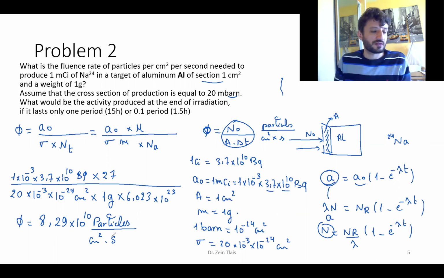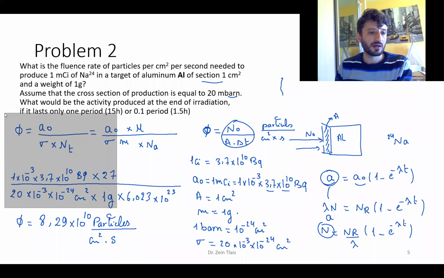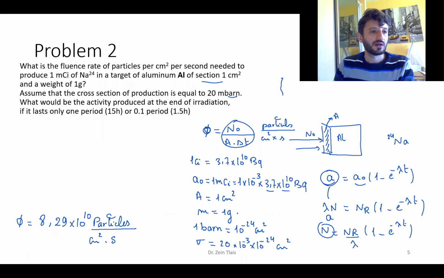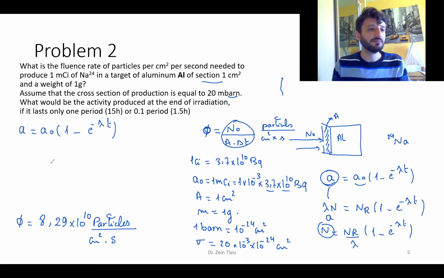Okay, this is the value of the flux. The second point: I want to calculate what would be the activity produced at the end of irradiation. I said before, the activity produced at the end of irradiation will be A, which is equal to A0 times 1 minus exponential minus lambda t.